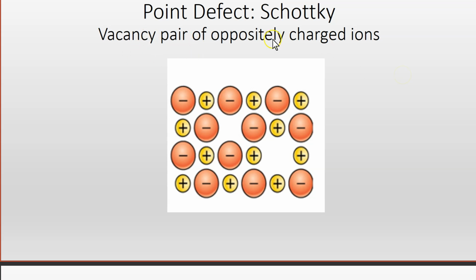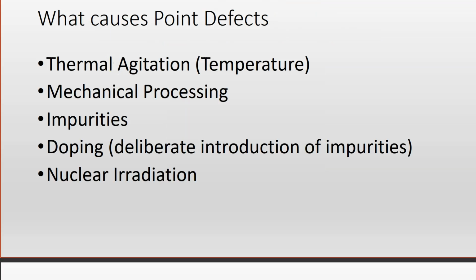Here we have more clearly put here a vacancy pair of oppositely charged ions. So what causes point defects? Temperature, mechanical processing such as deformation, impurities, or doping, which is deliberate introduction of impurities, or nuclear radiation of the material.